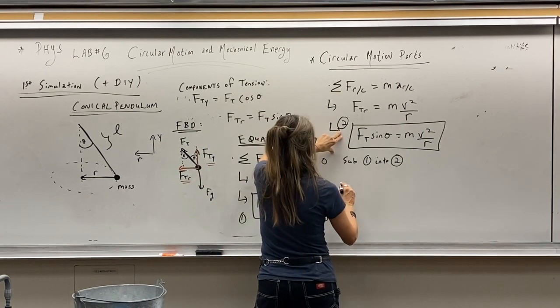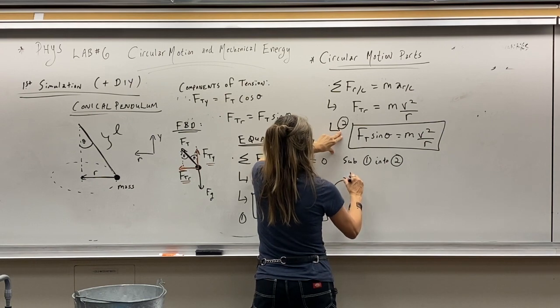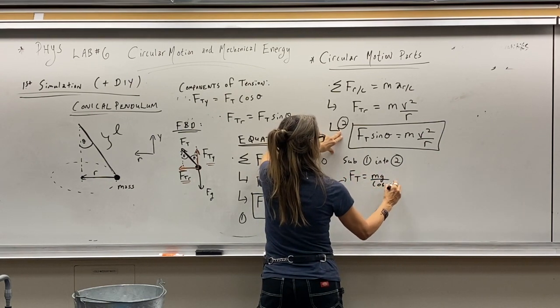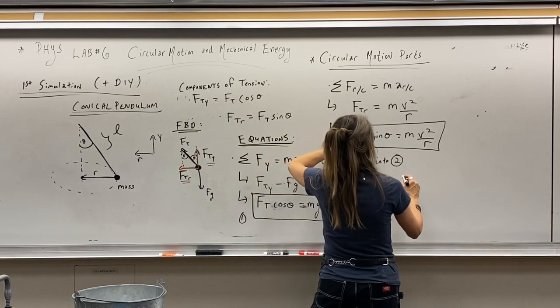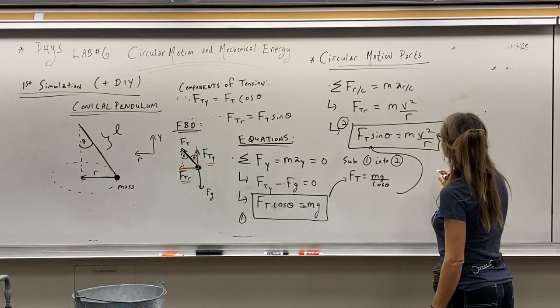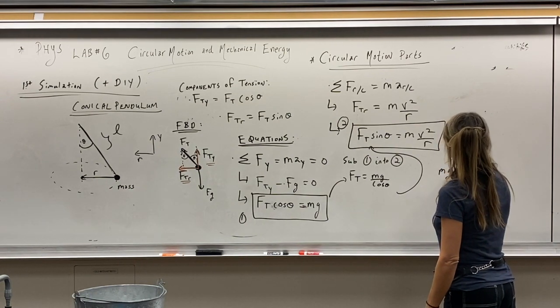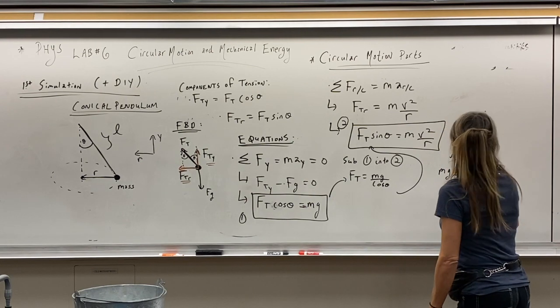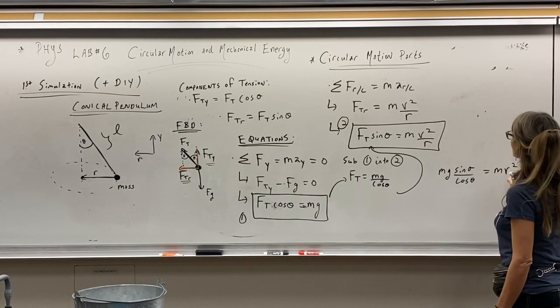So if I sub 1 into 2, this FT is equal to mg over cosine theta. So if I sub that in here, I'm going to get mg sine theta over cosine theta equals mv squared over r.